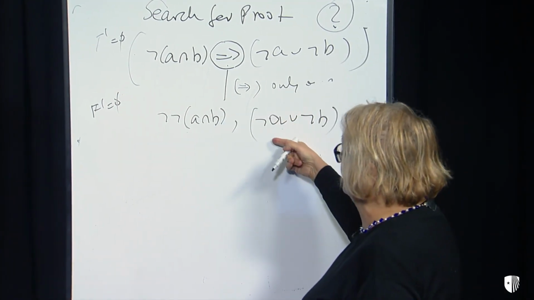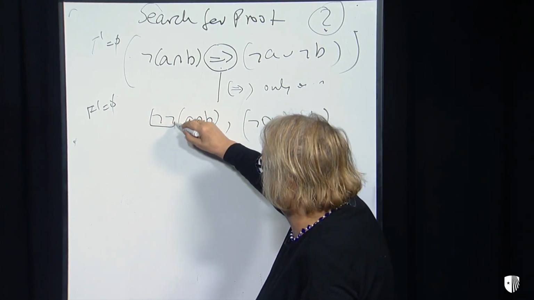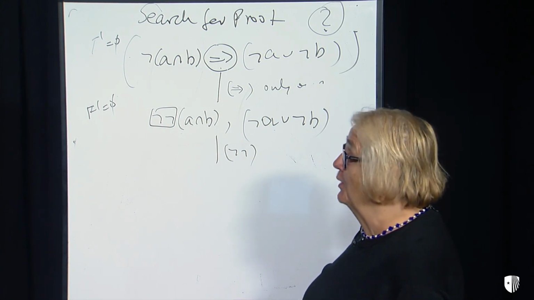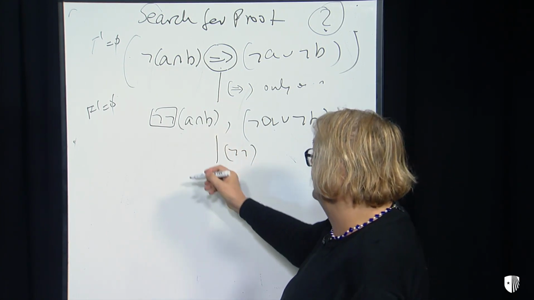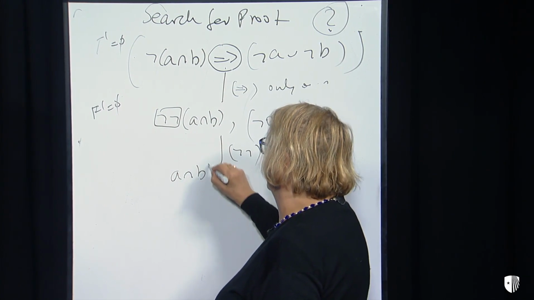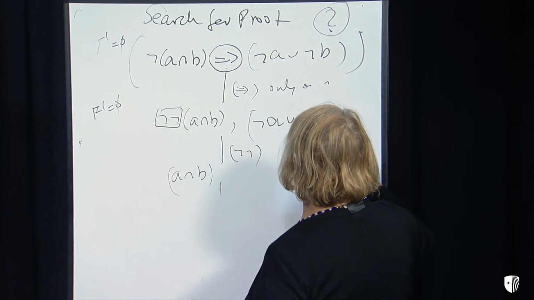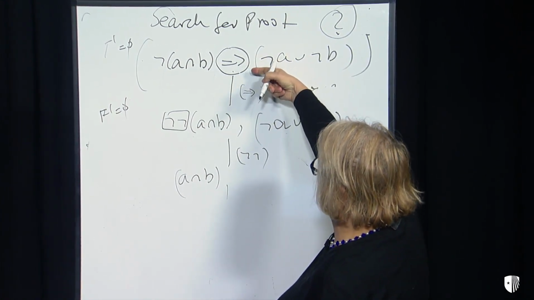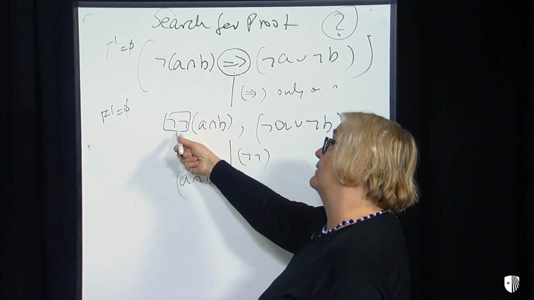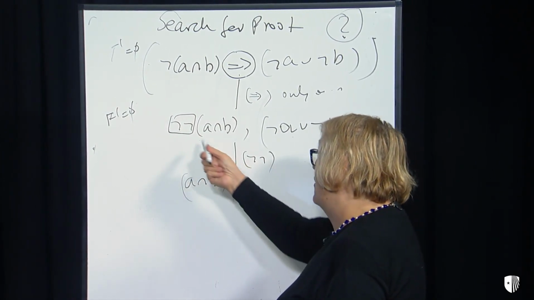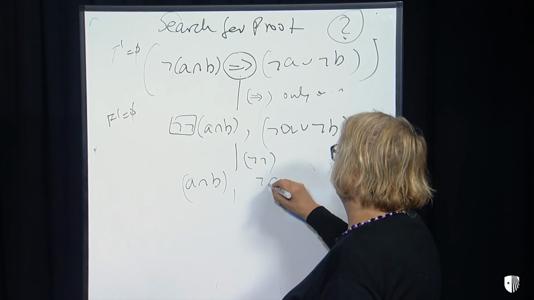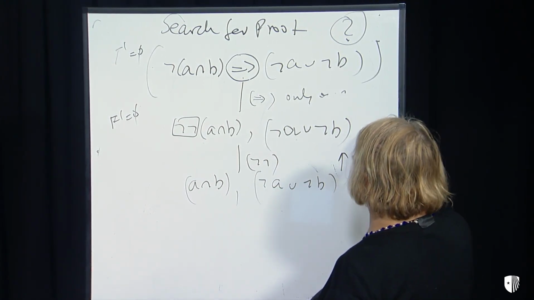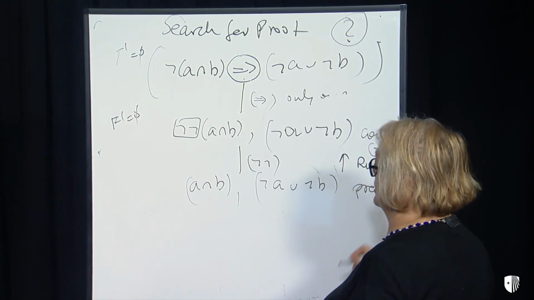If this had a proof, the only possible rule would be double negation. So what does it mean? The rule is that you have A and B. The rule goes from bottom to top, but our search is from top to bottom. So if it had a proof, it can be only by that rule. So I just write the premises, and this is the conclusion of the double negation rule.